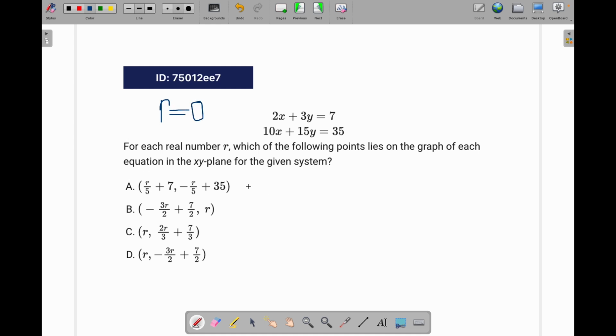When we set r equal to 0, this A answer is going to be 7 and then 35. So let's just simplify all the answer choices to make it very easy later on. This is going to be 7 over 2, 0.